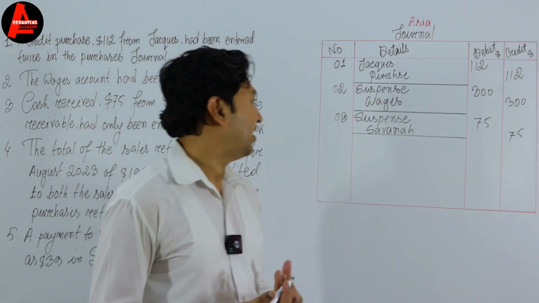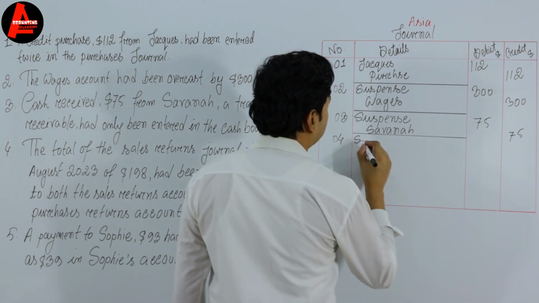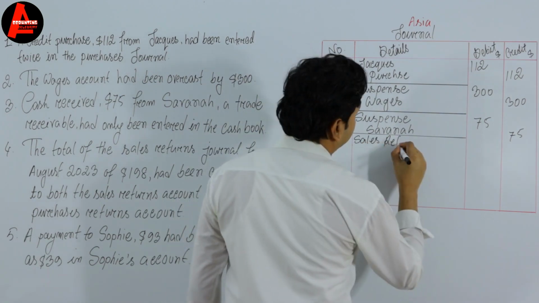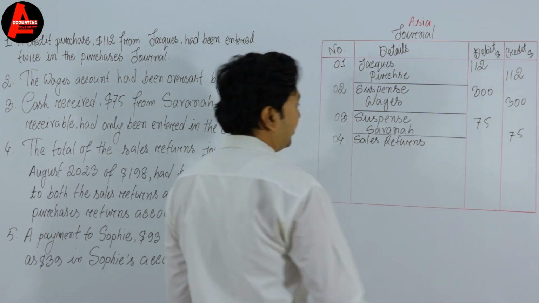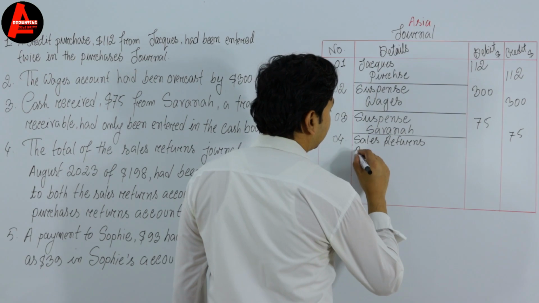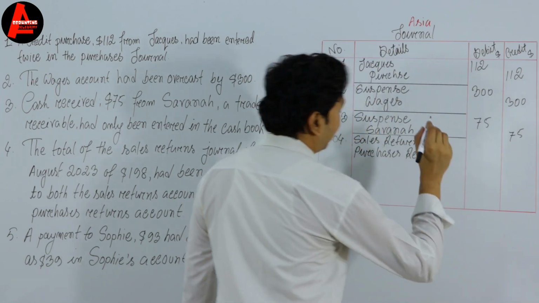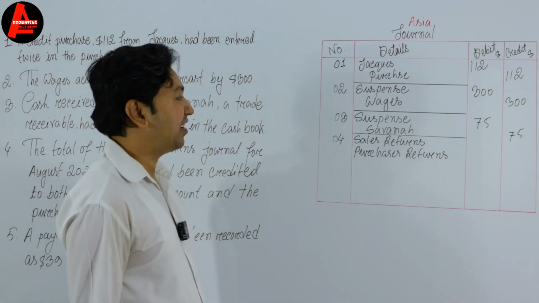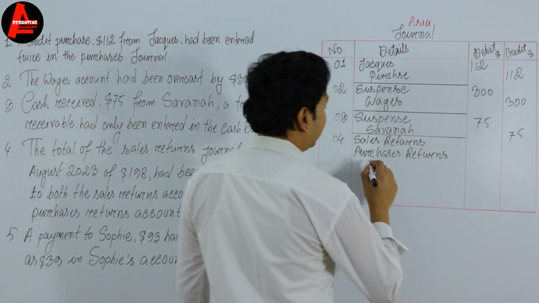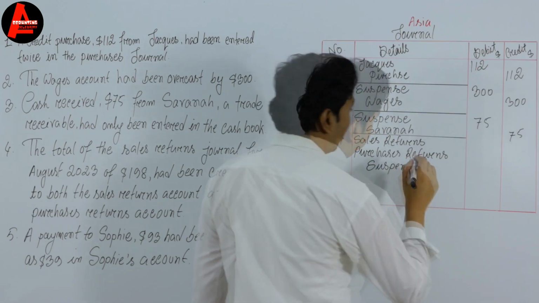Yeah, okay, so let us write here number 4, sales returns account to be debited. And then purchases returns account to be debited, and here Suspense account will be credited.